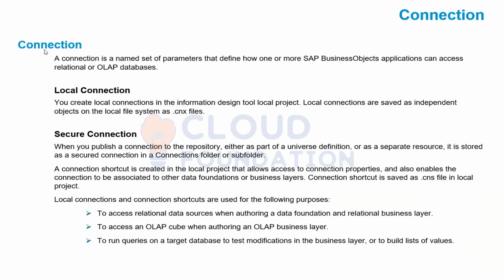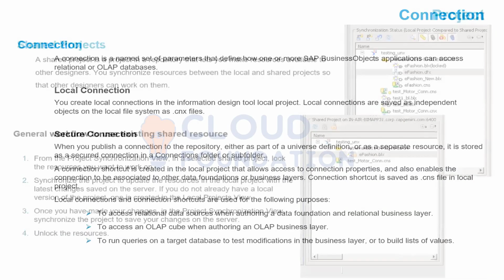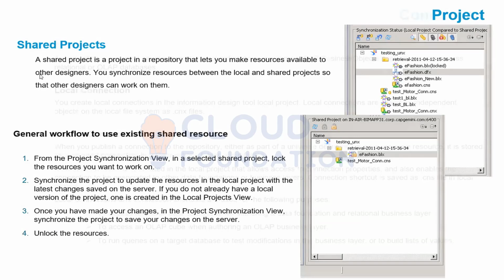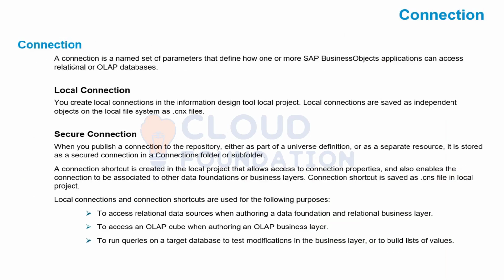So first, after creating a project, we have now covered the local project and shared project. Then what we create is a connection. A connection is a named set of parameters that define how one or more SAP BO applications can access a relational or OLAP database. It is like how you are going to access, whether it is a local connection or a secure connection. If you want to publish your universe to the repository, you always should have a secure connection.